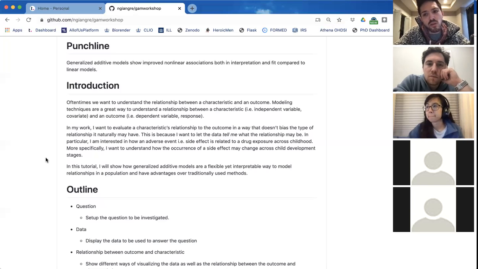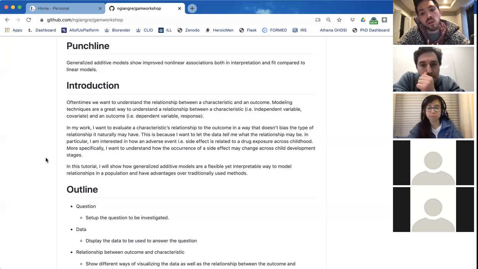But I want to do this in a way that the relationship I'm trying to understand is not biased. Meaning that I don't want to just say there's a linear relationship, that one small change in the characteristic results in a change in the response the same way throughout the whole range of the characteristic. So I really want to let the data tell me what the relationship may be.